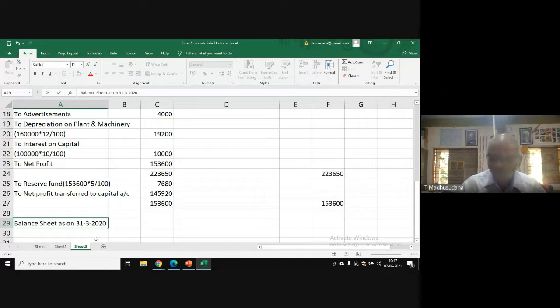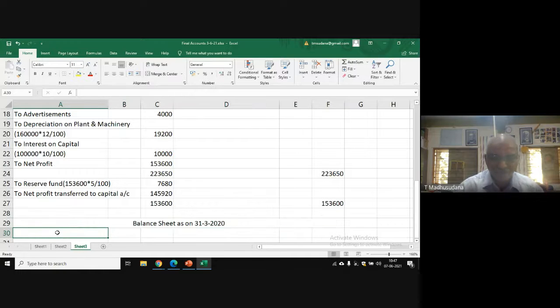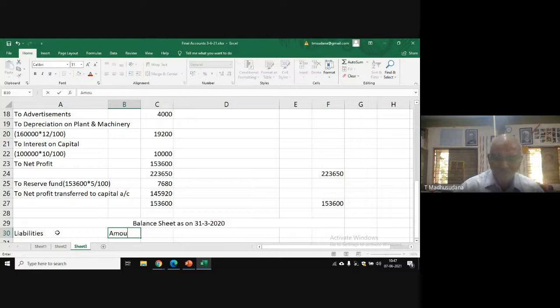Okay. Center heading: liabilities, amount, assets, amount.